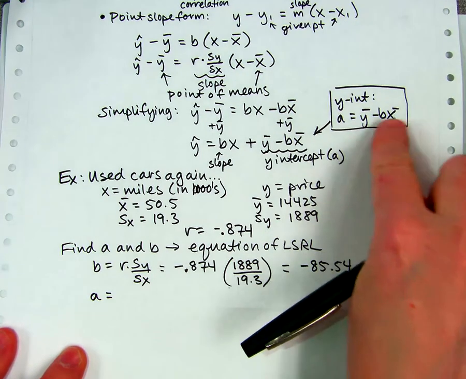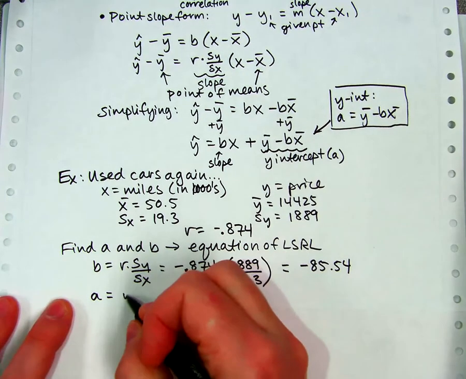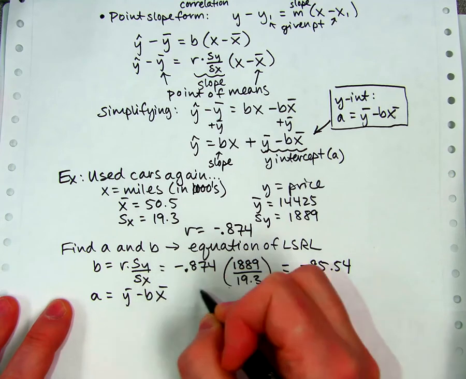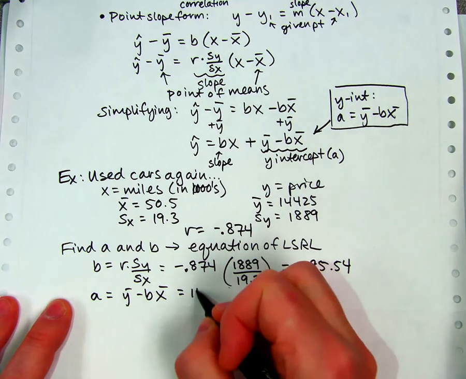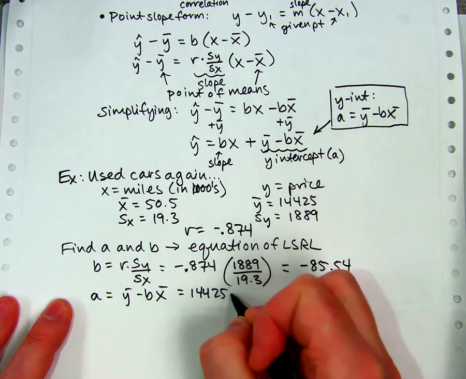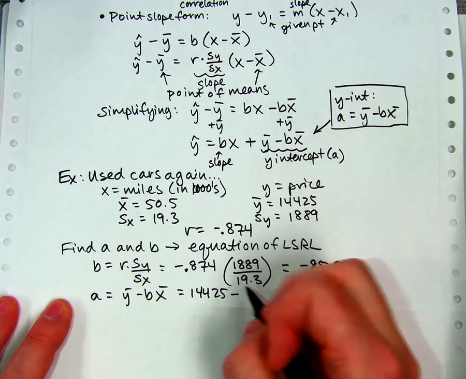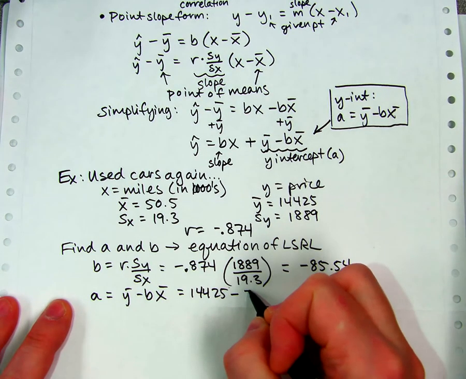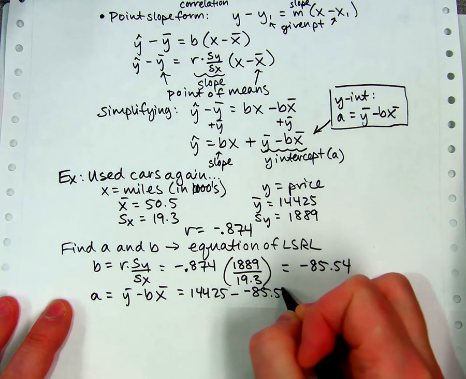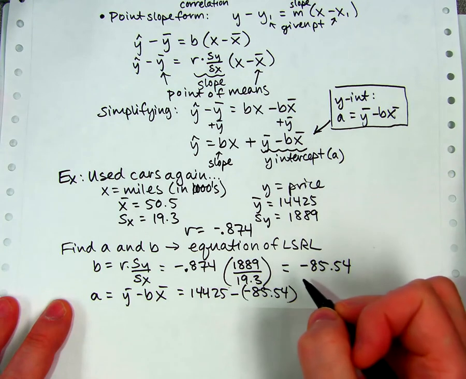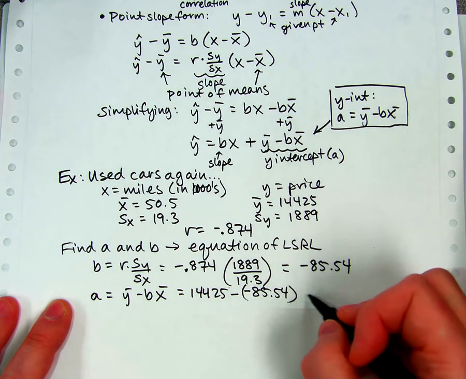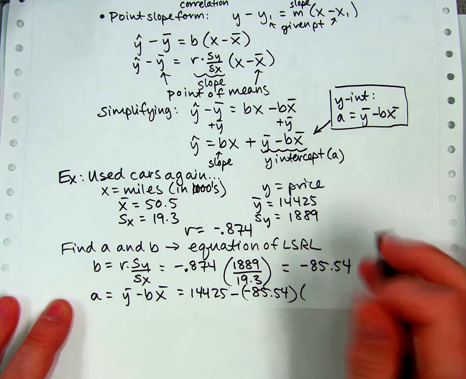Then I'm going to find A. I'm going to use this, which is Y bar minus B X bar. So Y bar is 14,425 minus the slope. We just found that, right? So minus a negative 85.54. That's important that it's minus a negative, because if you do minus a positive, you'll get it wrong. And then I need the X bar, which is 50.5.